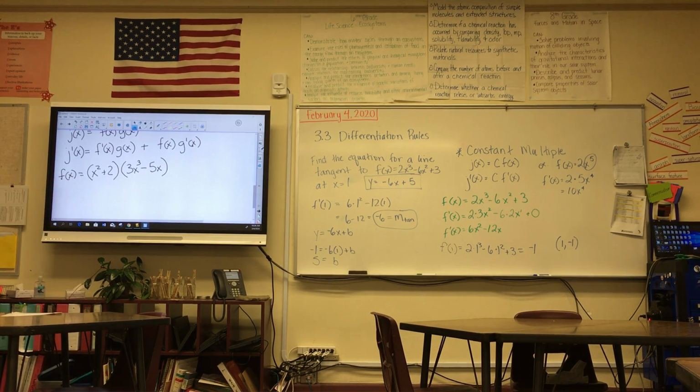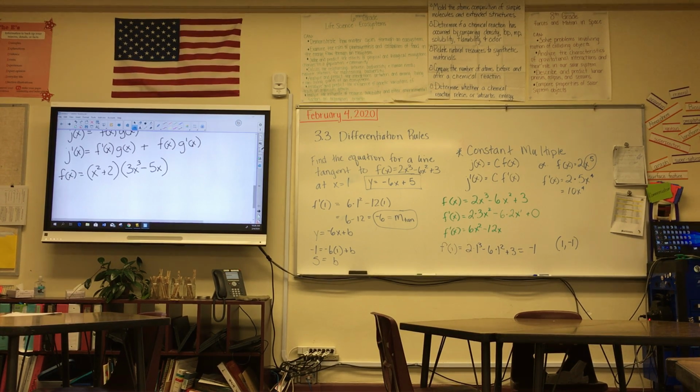So I have two different functions there. I could multiply that out and get one big long polynomial, and then use the sum and difference rules, if I wanted to. That would work just as well.